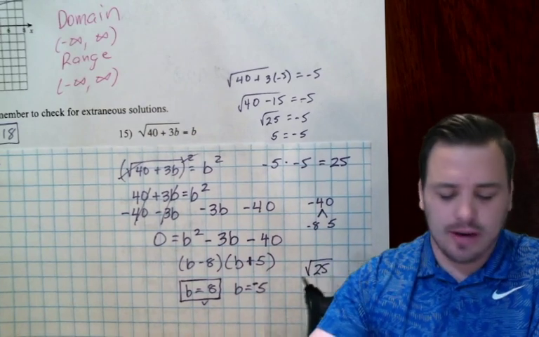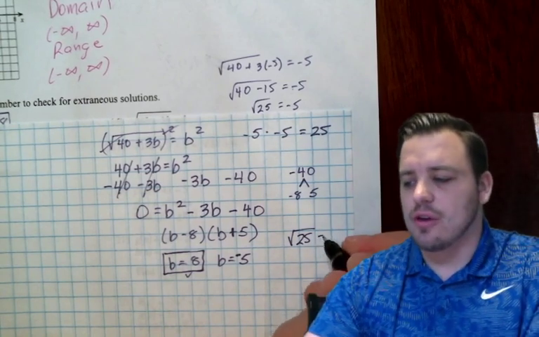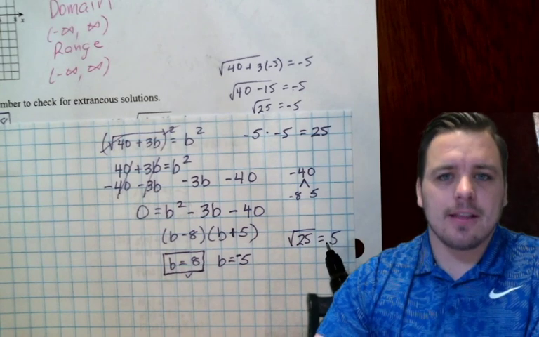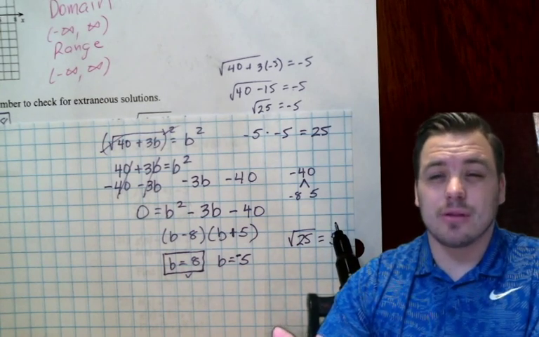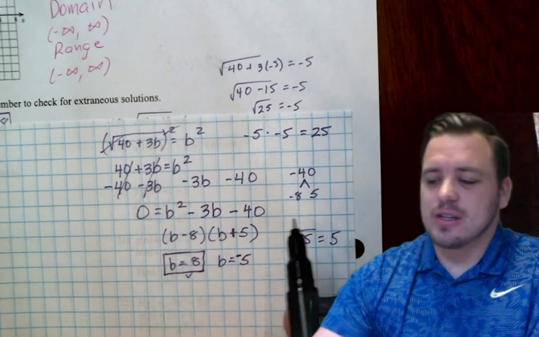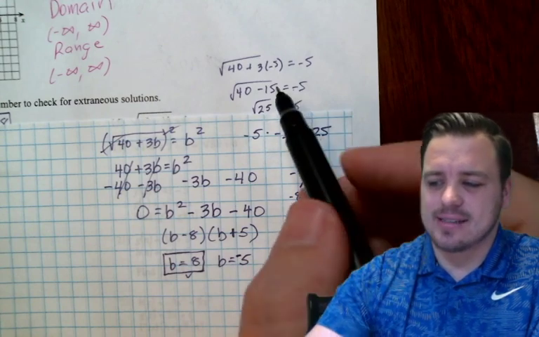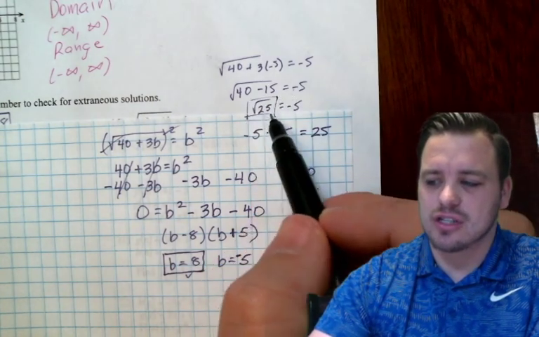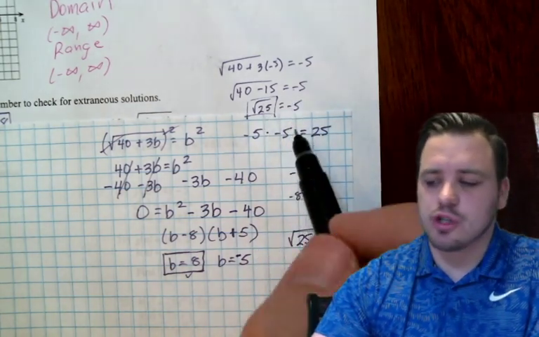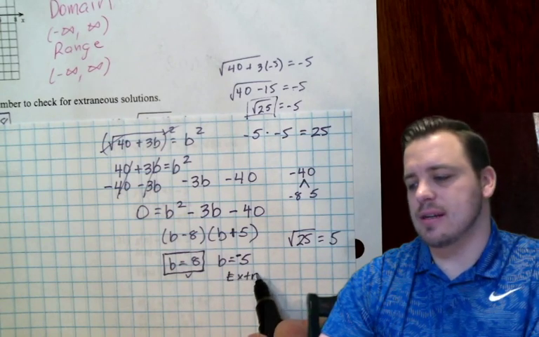When I ask you, what's the square root of 25? You would tell me 5. You wouldn't tell me negative 5. Since it's just asking for this, it's just going to be the positive version of it. So your answer will just be 8, and this is what we would consider extraneous.